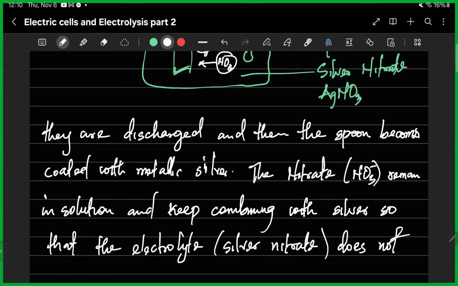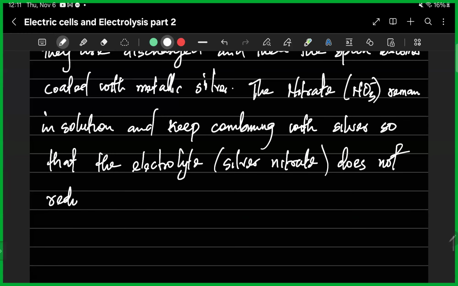Let's move to the other application in the industry.